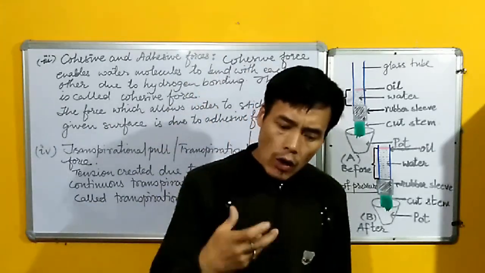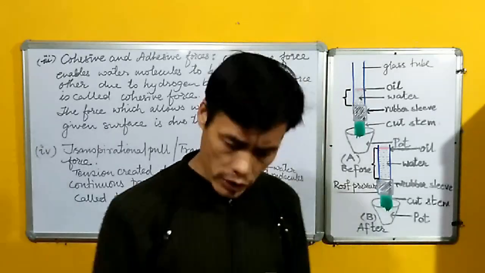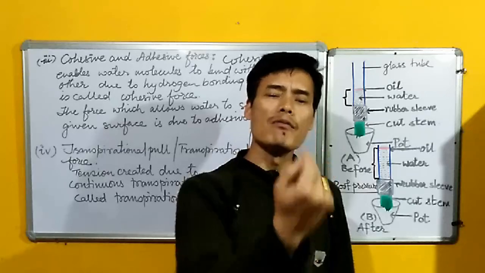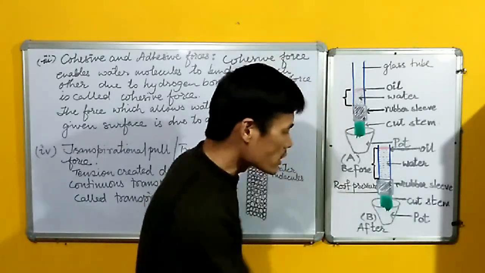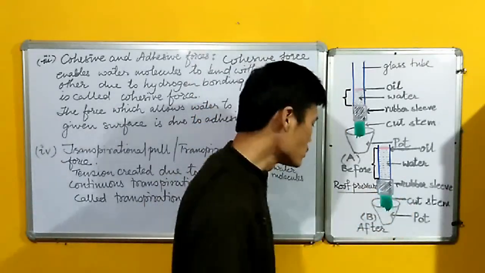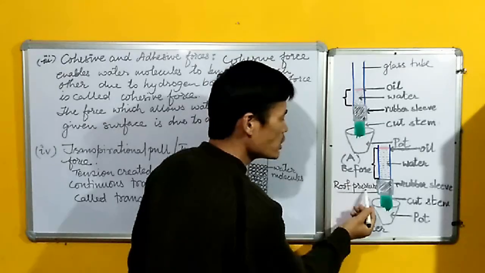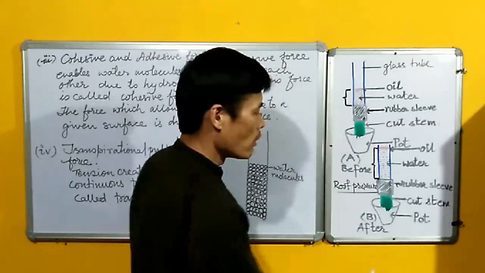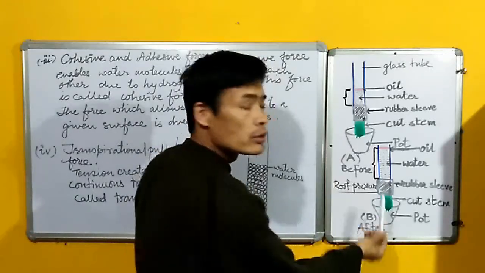So the only causative factor or the force which must have enabled the upward movement of the water and mineral is root pressure developed in the roots of this cut shoot.